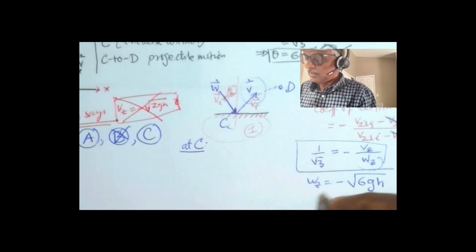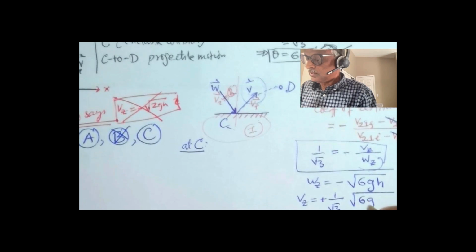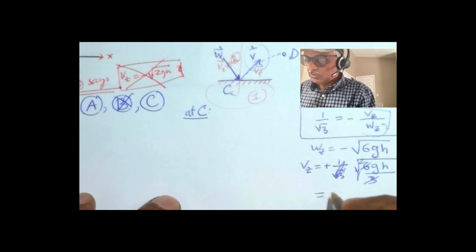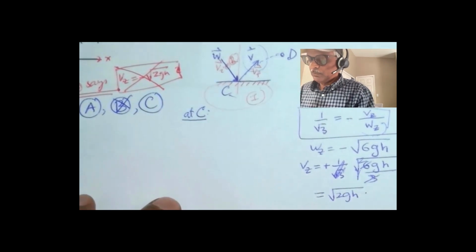Then this minus cancels, so the VZ will be rightfully plus 1 over square root 3 times square root of 6GH, right? So this square root of 3 goes inside the square root, this becomes a 3 and this becomes 2, and that equals square root of 2GH.